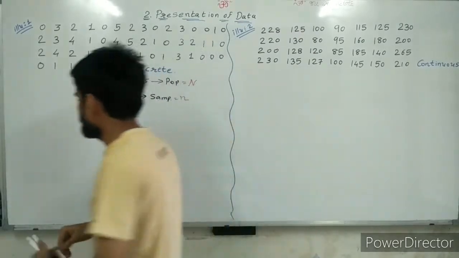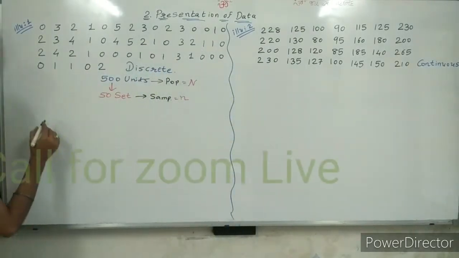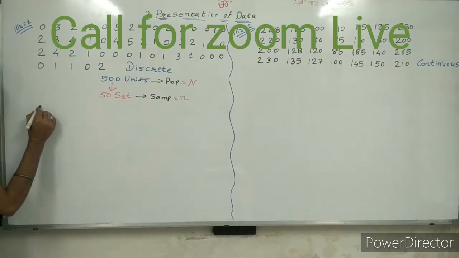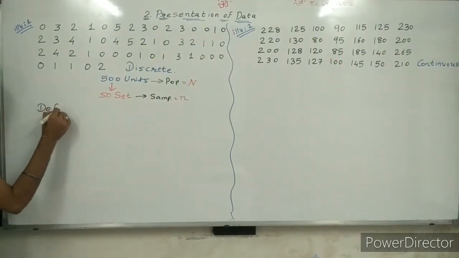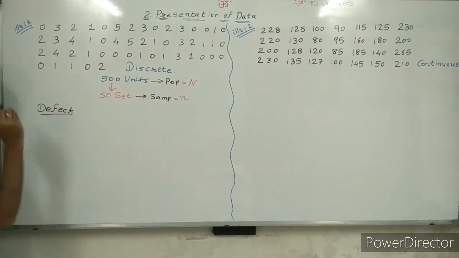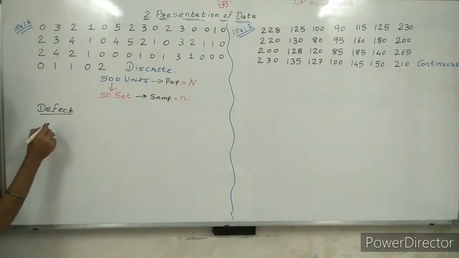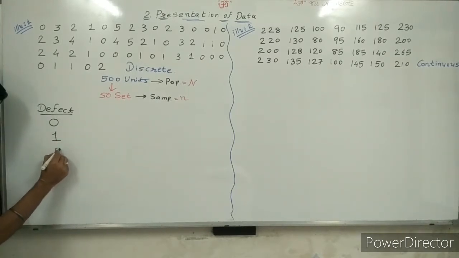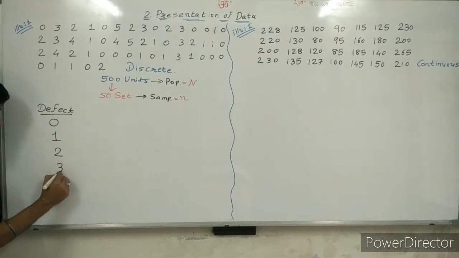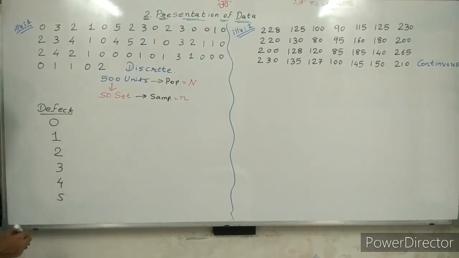So I can write here the number of defects: 0, 1, 2, 3, 4 and 5.